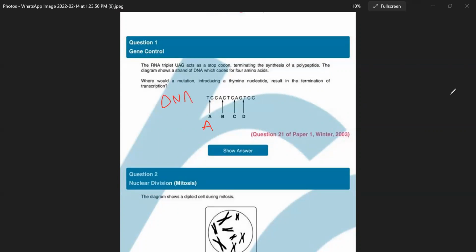If this is the DNA and this is the mRNA: A, G, U, G, A, G, U, C, A, G, G. Now, where do I need to terminate this transcription by a UAG?